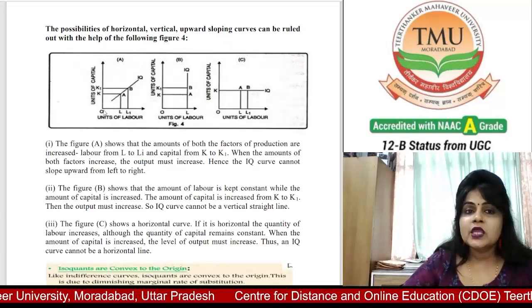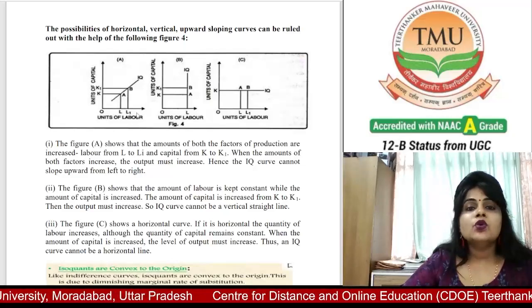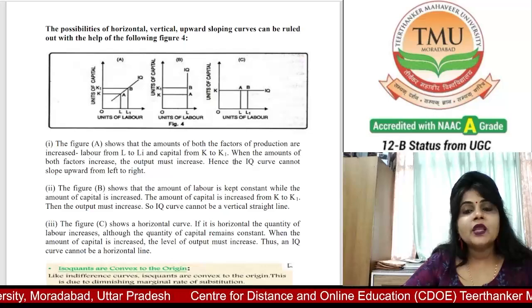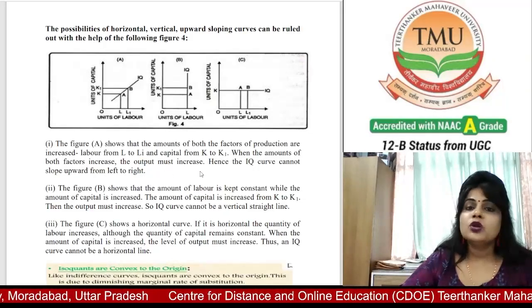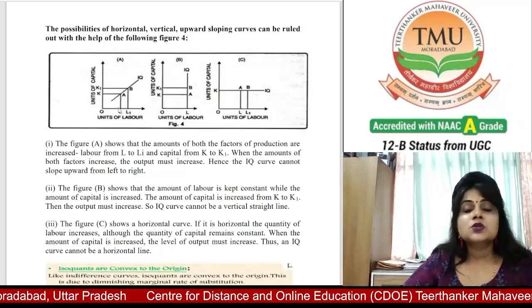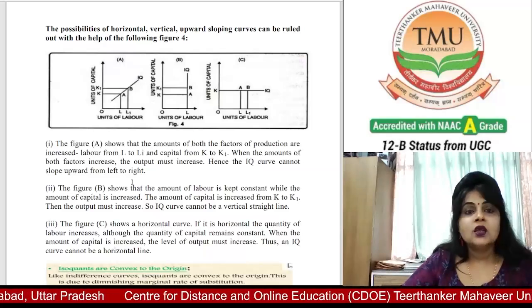Now the producer increases OK to OK1 and labor OL to OL1. So labor from L to L1 and capital K to K1. When the amounts of both factors increase, the output must increase. Hence, the isoquant curve cannot slope upward from left to right.